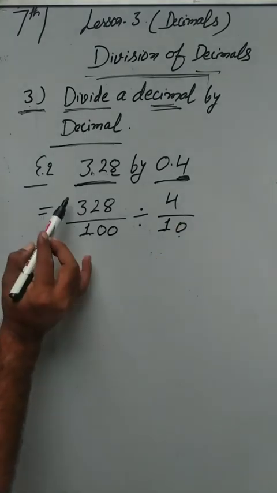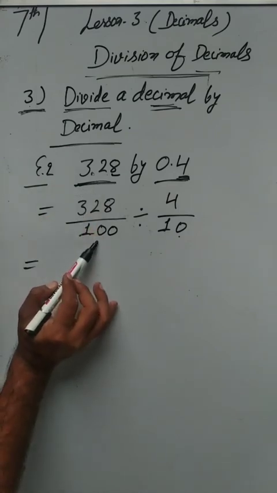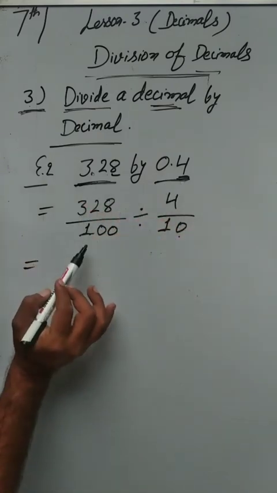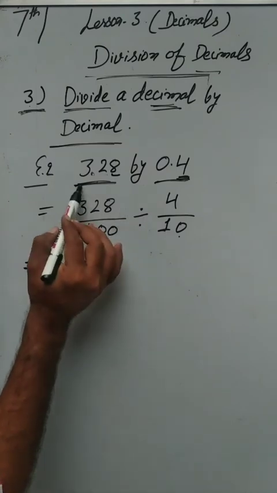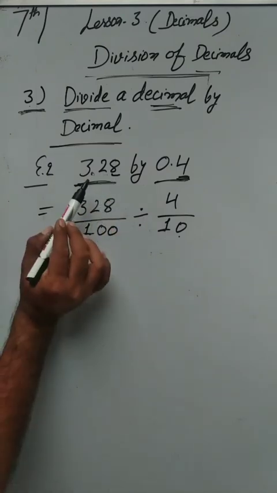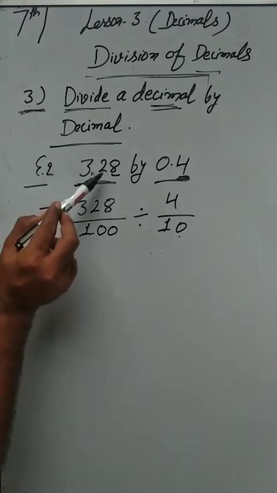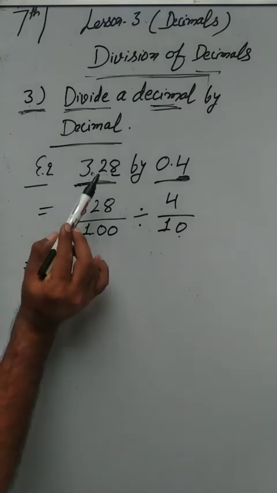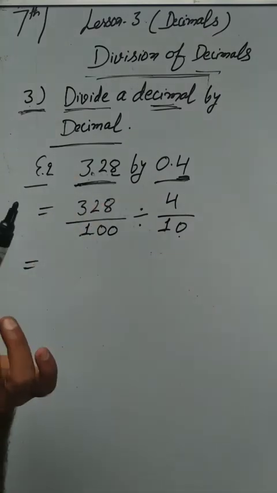First of all, beta, change decimal into fraction. Okay. When both numbers are decimal, change decimal into fraction, then divide. I hope you can easily change decimal into fraction. Now beta, look here, again I am explaining 3.28. Place 328 as it is and count the number of decimal places. 1, 2. 2 decimal places.